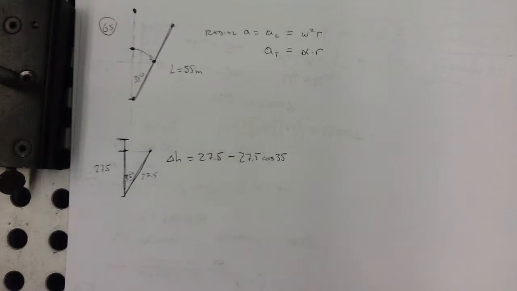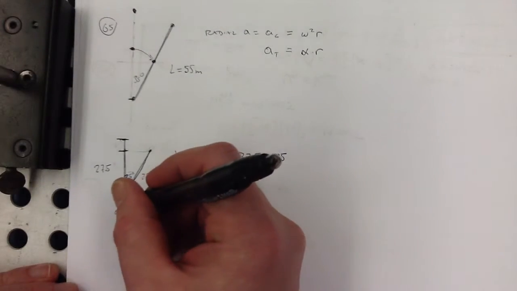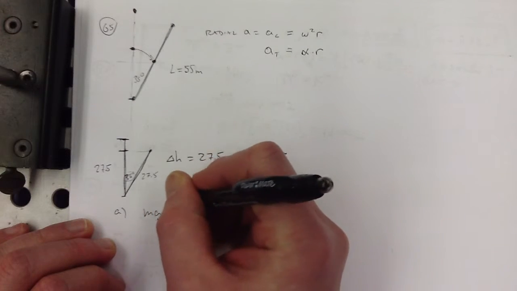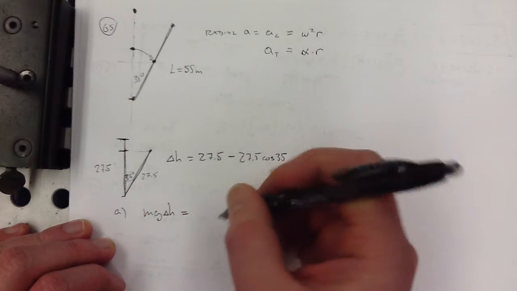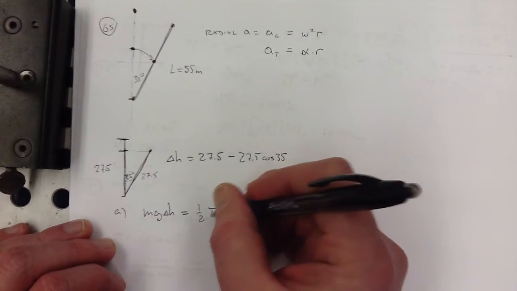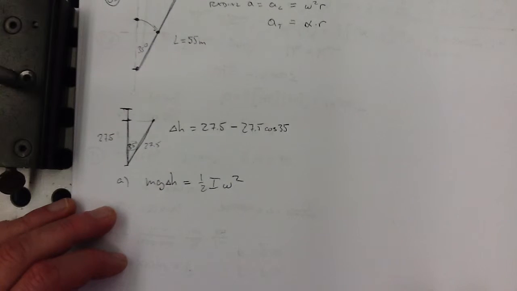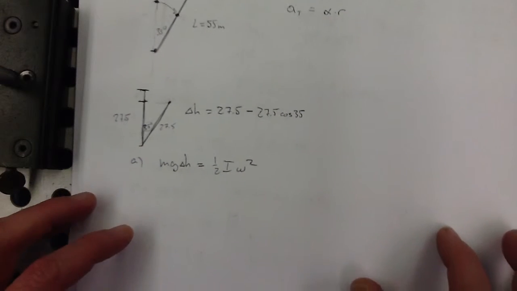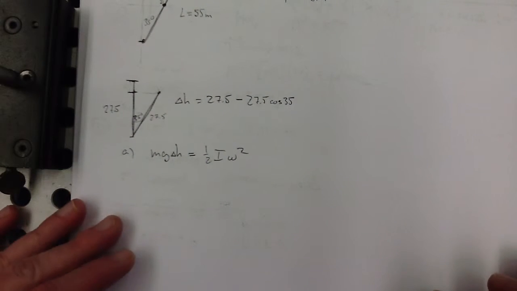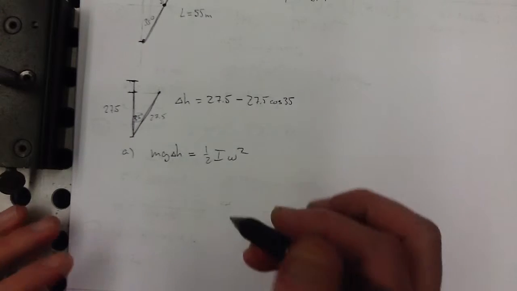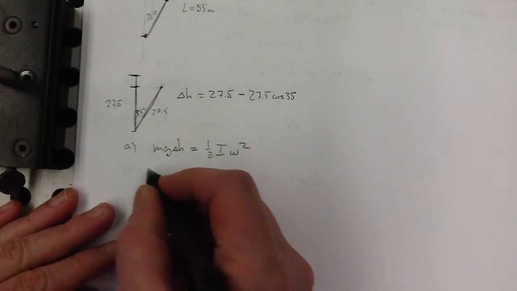Okay, so my conservation of energy equation, this is all to do part A. The mg delta H is turning into 1/2 I omega squared. And we're treating this thing, again, like a rod, which is a good approximation for it. It's a pretty tall, skinny thing, so it would work well. Okay, so m, I don't know.